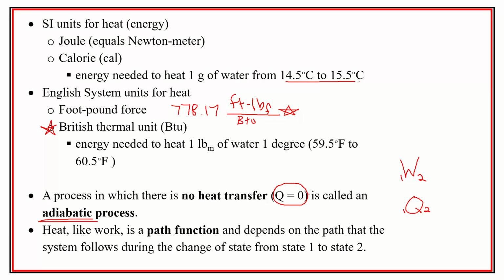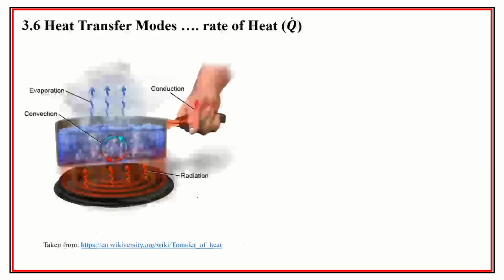It's a path function, and there isn't like any instantaneous heat because it's between two states. And so that's what also, for small increments of heat, we use this del symbol. This is the inexact differential.